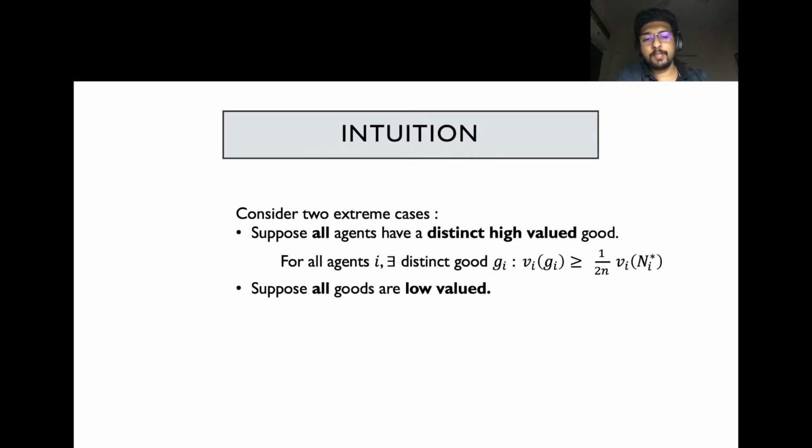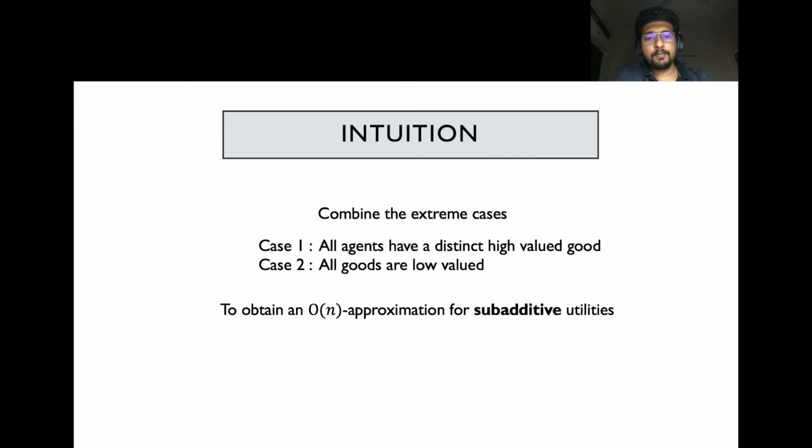And the other extreme case where we assume that all the goods are low valued. That is, no good gives an n approximation to the Nash optimal bundle. We combine both these extreme cases to obtain an n approximation for subadditive utilities.